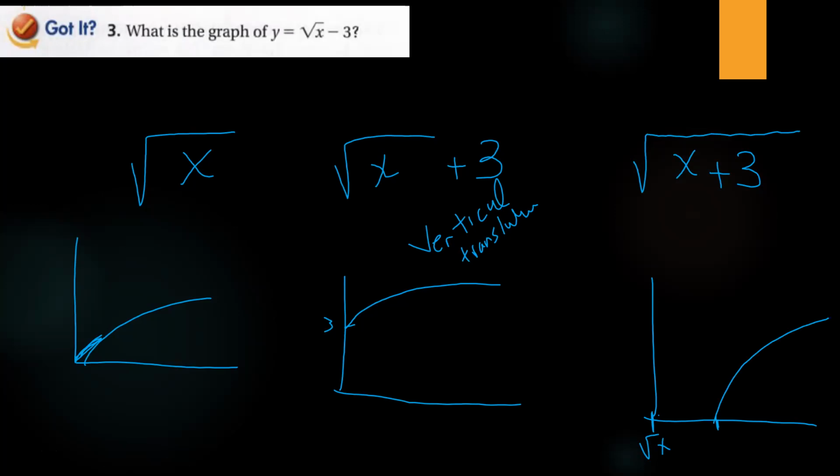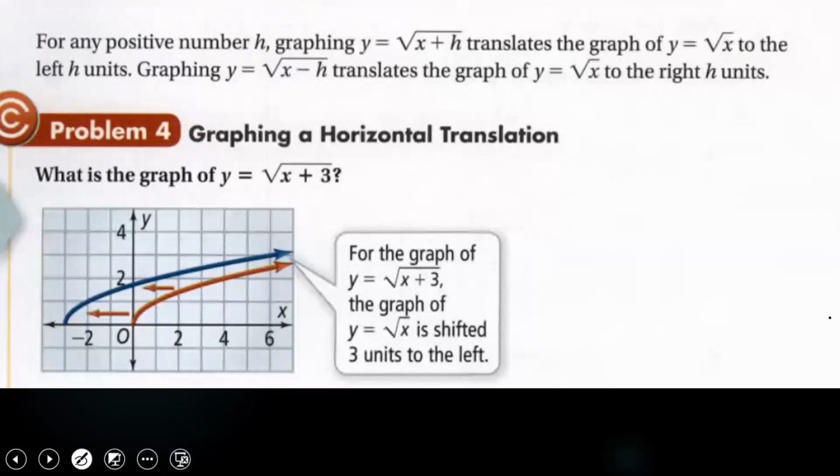So if the number is outside the radical of the square root function, we translate it vertically, upward or downward. But if the number is under the square root, that means you have to translate it to the left or to the right.